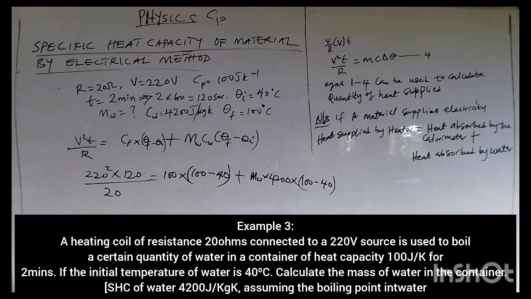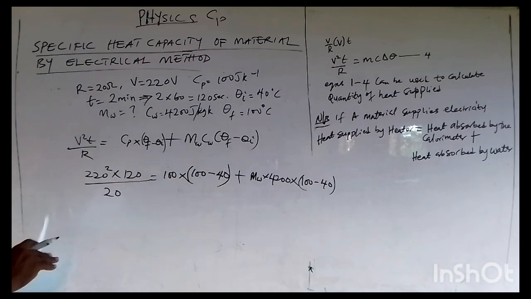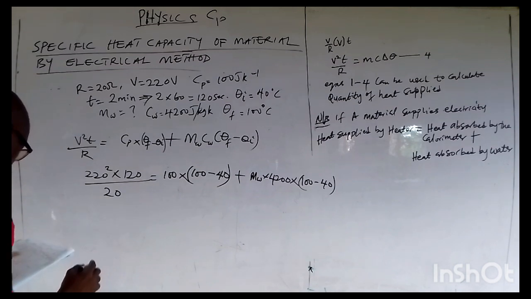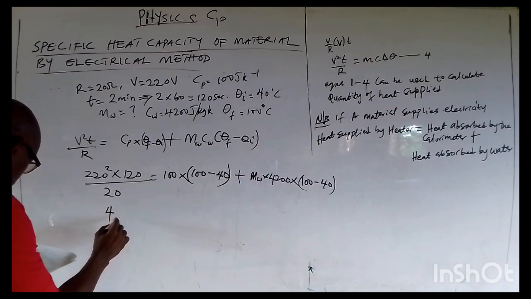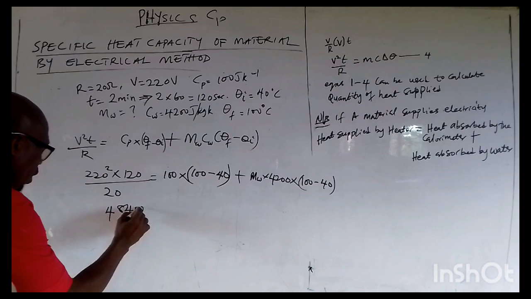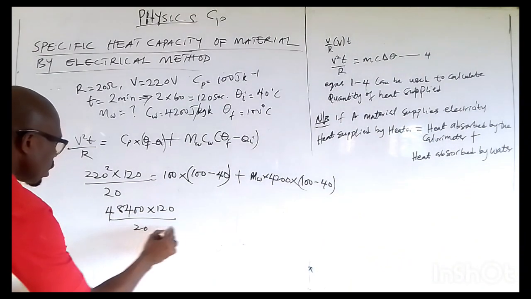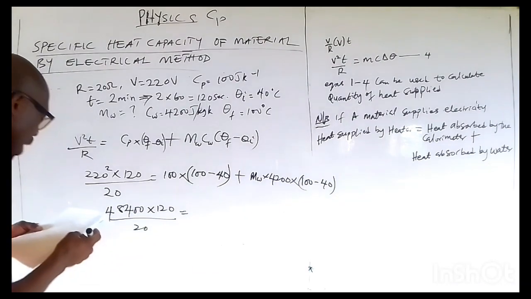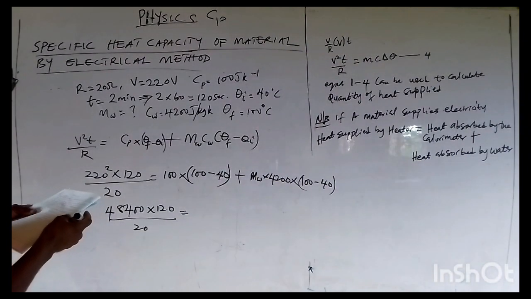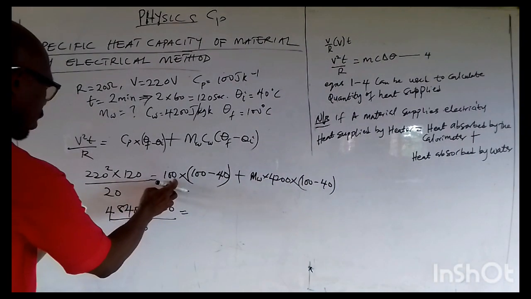If we square 220, it will give us 48,400 times 120 all over 20, equal to mass of water. So we have 100.